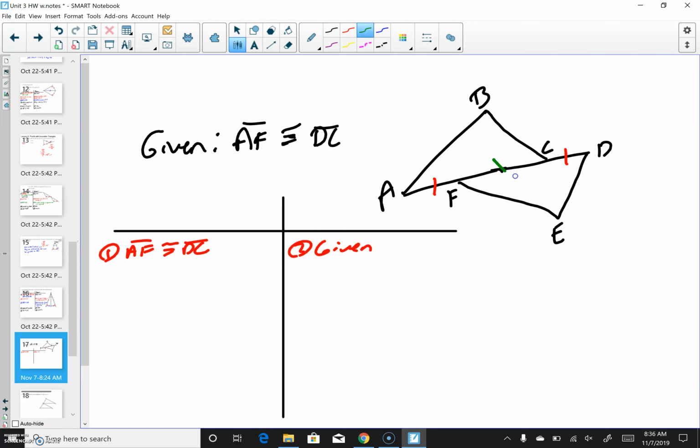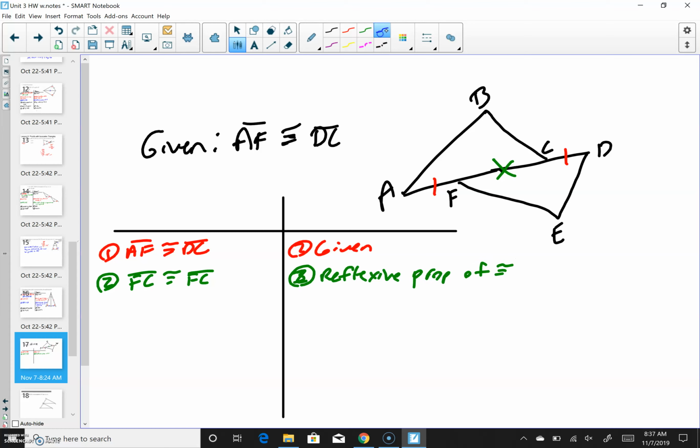What you need to do then is state that the part of the side that it's missing, the overlapping piece, is reflexive. So just as you would do any overlapping triangle piece, we're going to have the reflexive property of congruence.